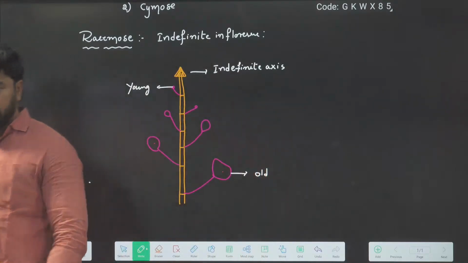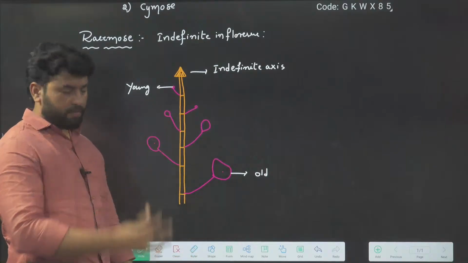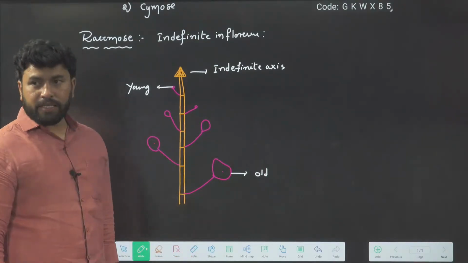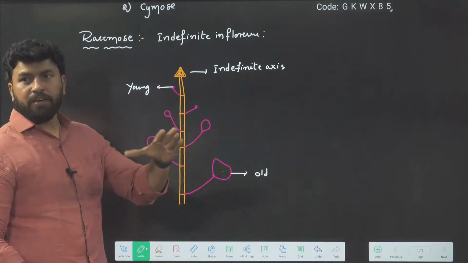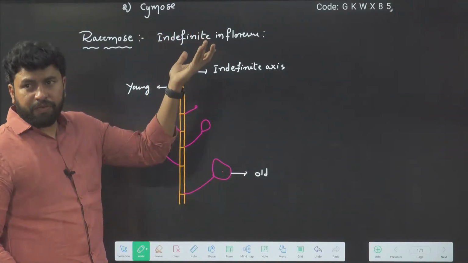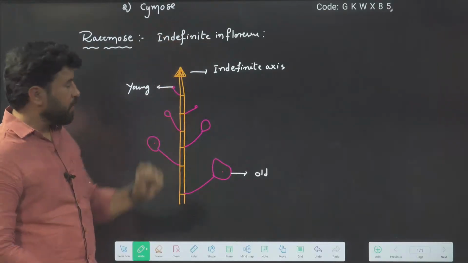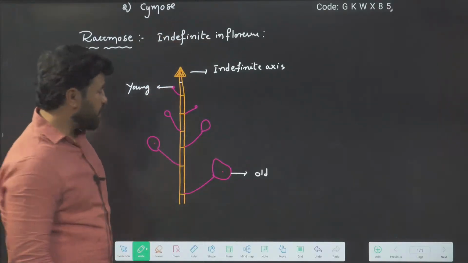In this criteria, while the inflorescence axis continuously grows, the oldest flower is at the bottom and the youngest one is at the top. If it grows further, one more new flower is going to be formed. Where does it form? It will form after here. Like this.